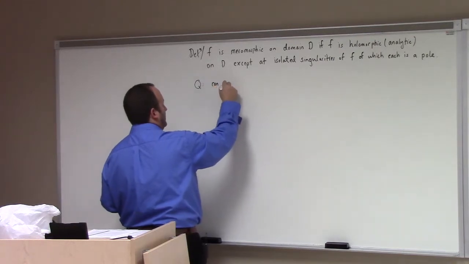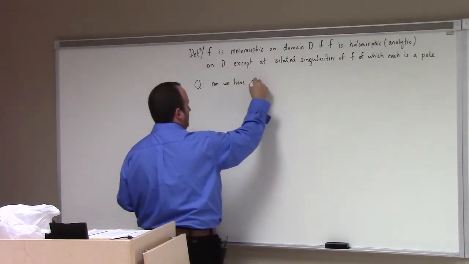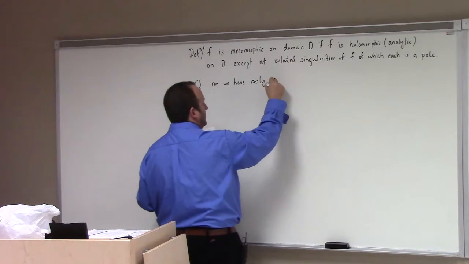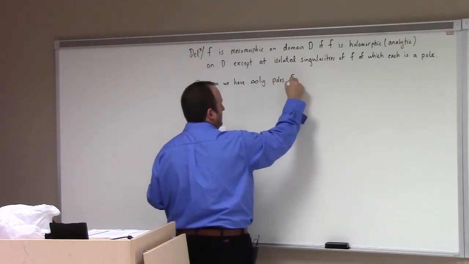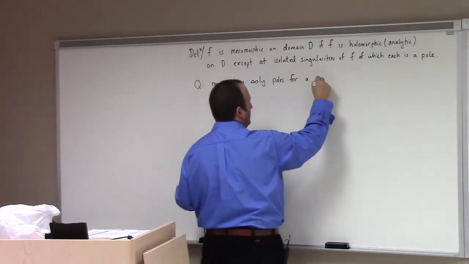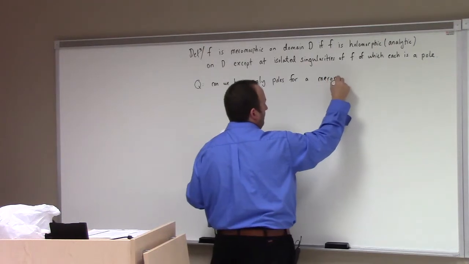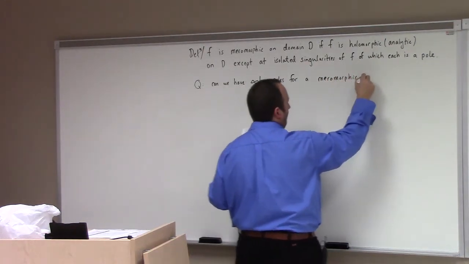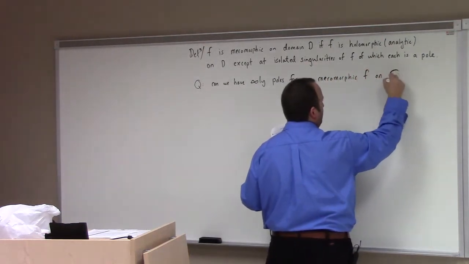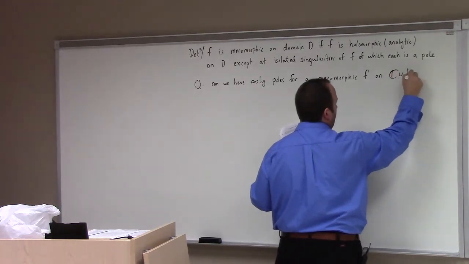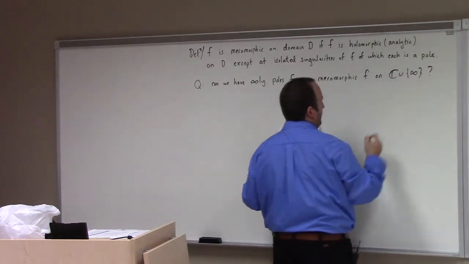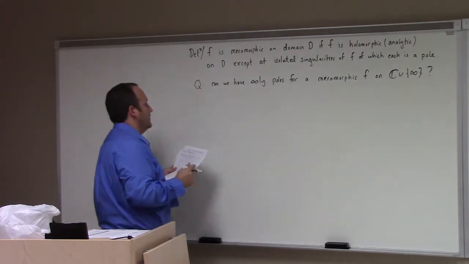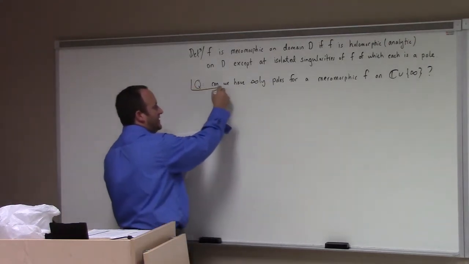Can we have infinitely many poles for a meromorphic function on C union with infinity? All right, so I'm going to leave that as an open question.